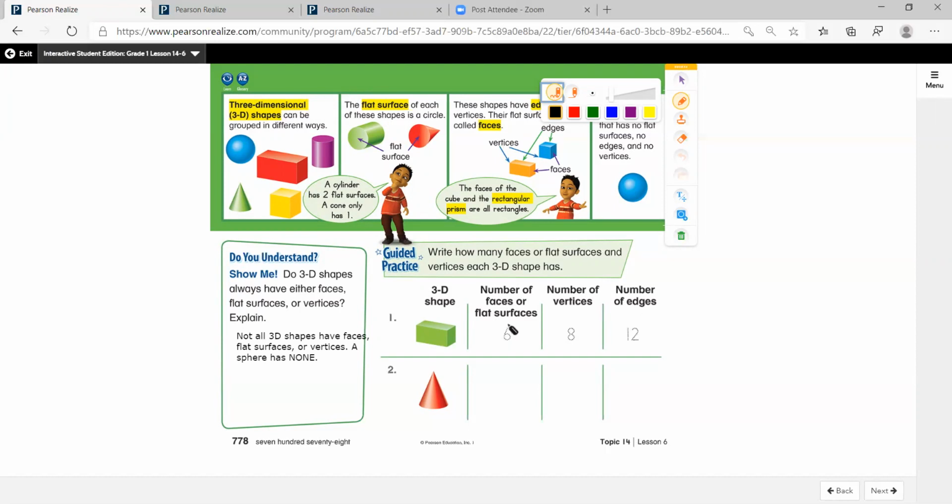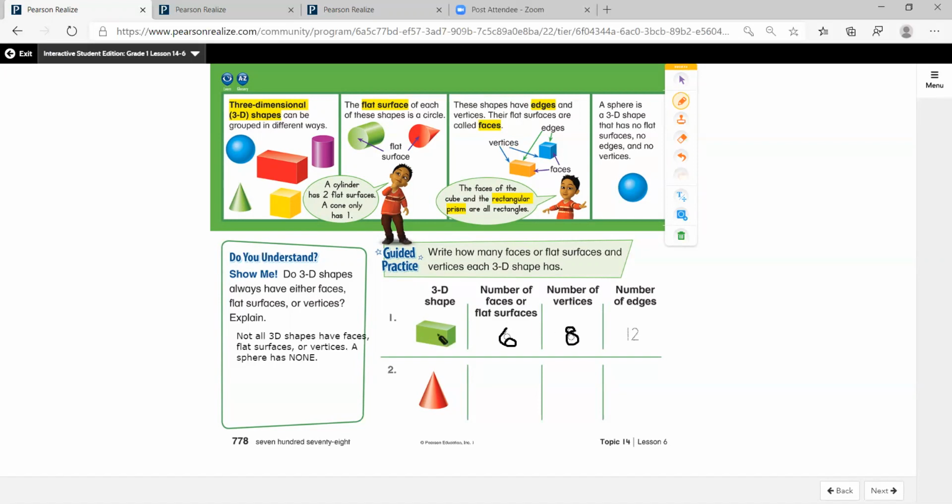You can see that they've selected 6 for the number of flat surfaces, or the faces of the shape. Okay, we have the top and the bottom, that makes 2. The front and the back makes 4, and then side and side makes 6. For the vertices, they've selected 8.